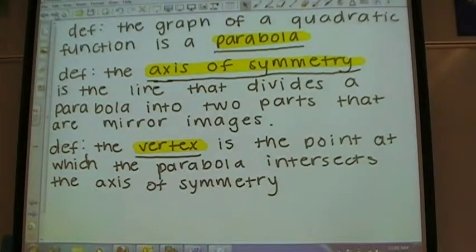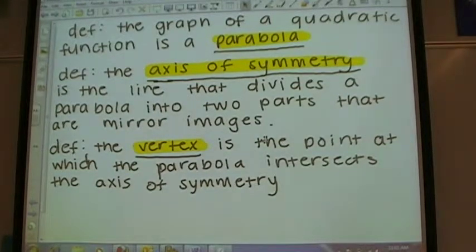All right. Write down these definitions. The graph of a quadratic function is a parabola. Does anybody know what a parabola looks like? A U shape. Right now, your U-shapes are going to either open up or down in this section.